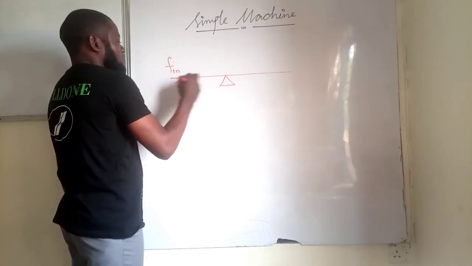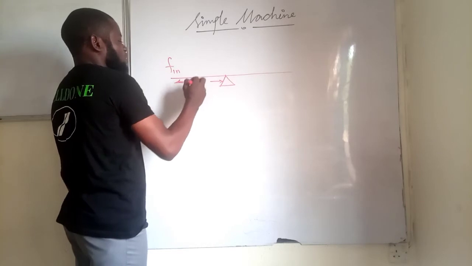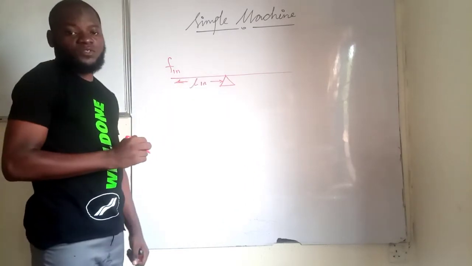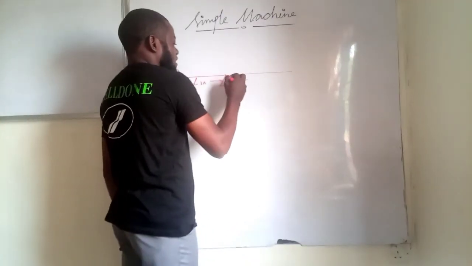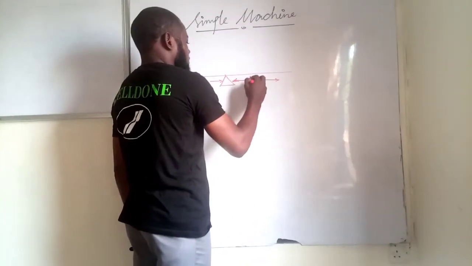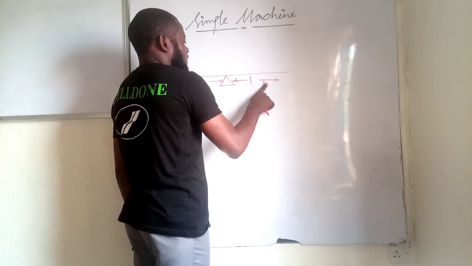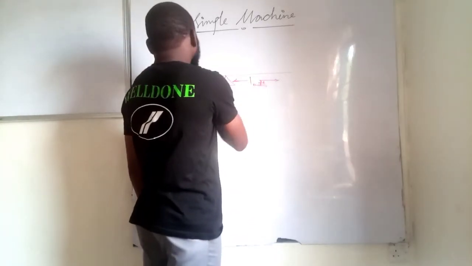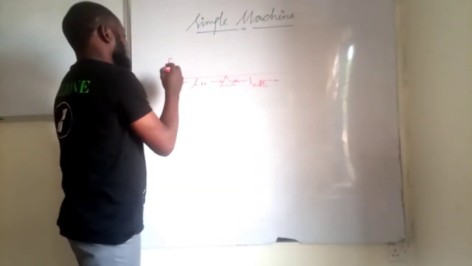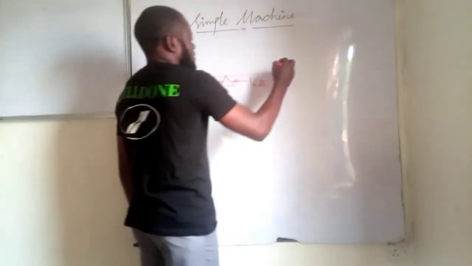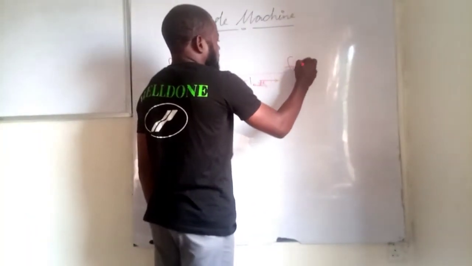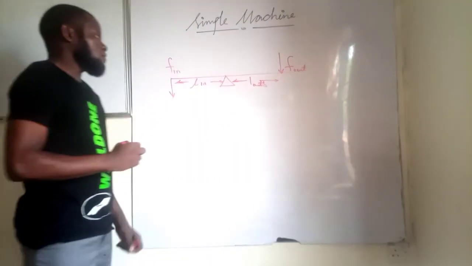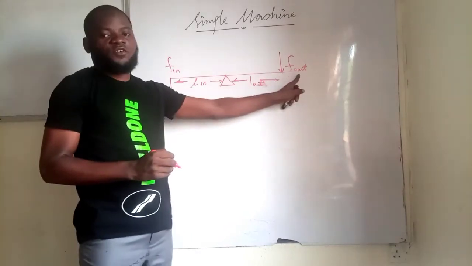From here to this point is going to be my lever arm. And from here to this point here is also going to be a lever arm. So this is first input, and this is going to be first output.